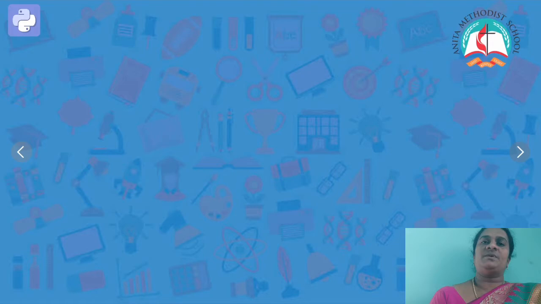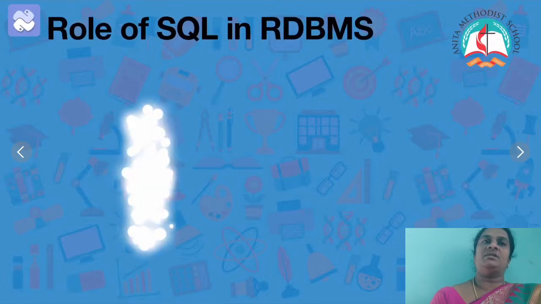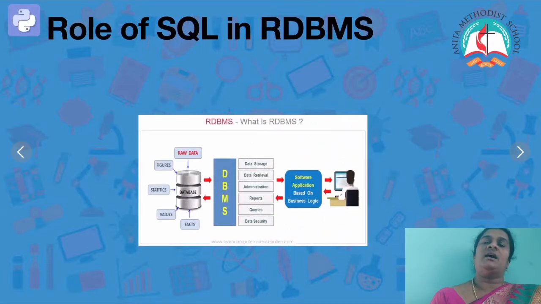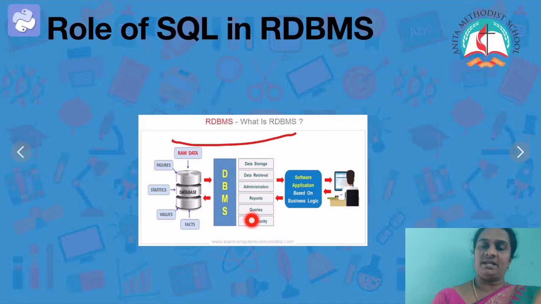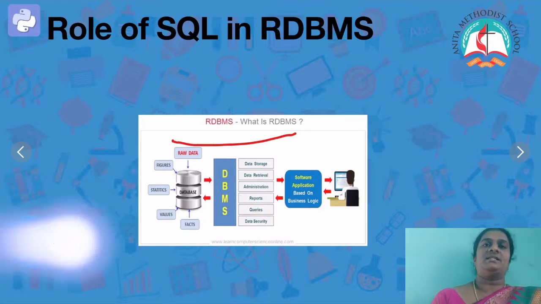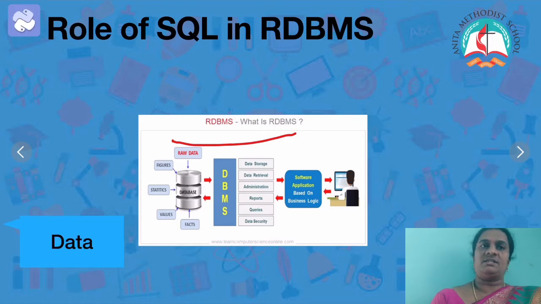Next, we are going to see in detail the role of SQL in RDBMS. What is RDBMS? It is raw data, a collection of data, figures, statistics, values, facts, and it is used for storage, retrieval, generating reports, queries, as well as data security. Let's see them one by one. What's the first part?